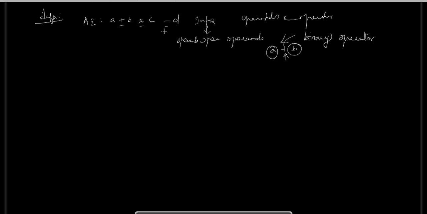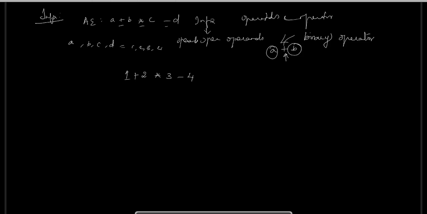If you are given an expression like this, and say I assign some values to A, B, C and D, let's assume A, B, C and D assume the values 1, 2, 3 and 4 in order, right? So A assumes 1, B assumes 2. What is the result after evaluating this expression? You substitute the values: in place of A you have 1, in place of B you have 2, then the multiplication symbol, that is star, then 3 minus 4.